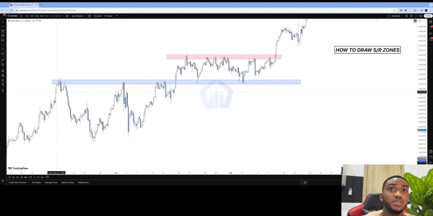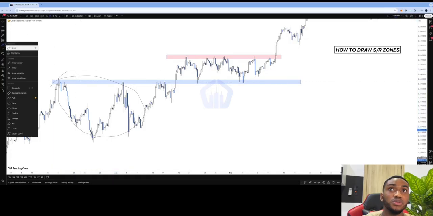Now, what's happening here and here? This is the price hitting. This is more of a resistance zone, not a support anymore, in this situation.